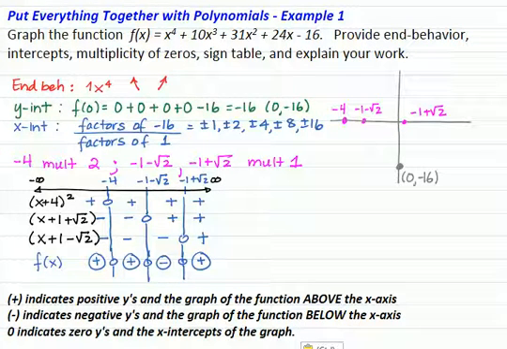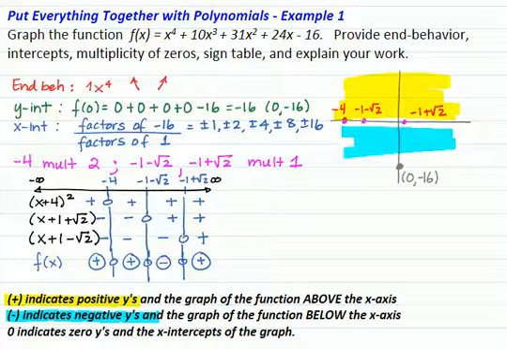When graphing, positive indicates positive y's, and positive y's are above the x-axis. So I will be graphing in the positive part of the plane. Negative f of x indicates negative y's, and that will be the bottom part of the plane below the x-axis, and 0 indicates 0 y's, and these will be the intercepts.